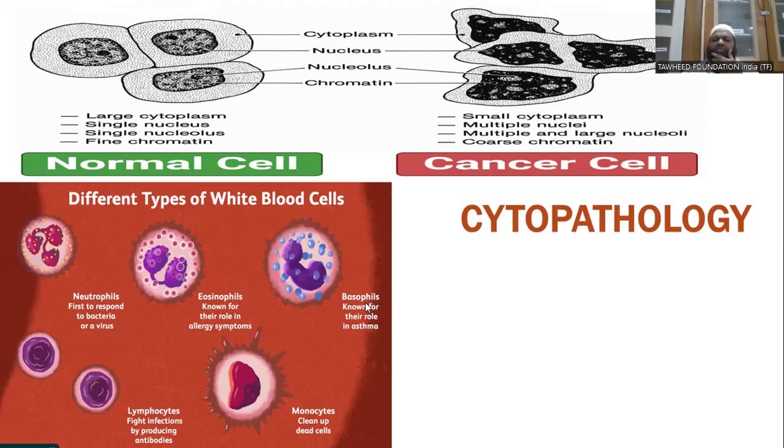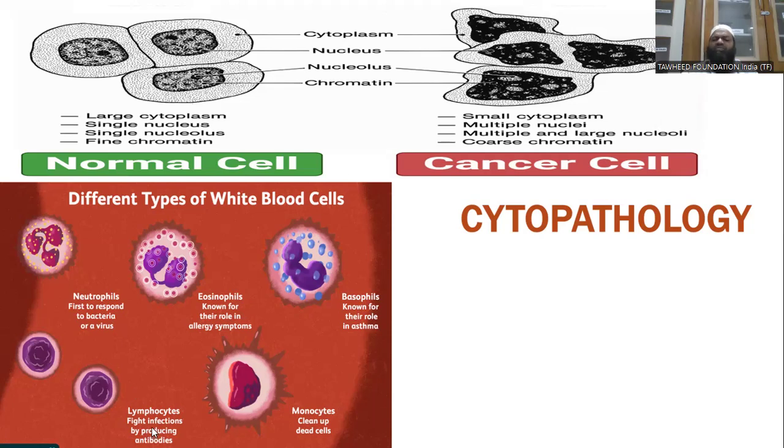Coming to the basophils, known for their role in asthma. If the patient is suffering from an asthmatic disease, the patient may have a high basophil count. At the same time, lymphocytes, again large lymphocytes and small lymphocytes, and in another way of differentiation, there are T lymphocytes and B lymphocytes.